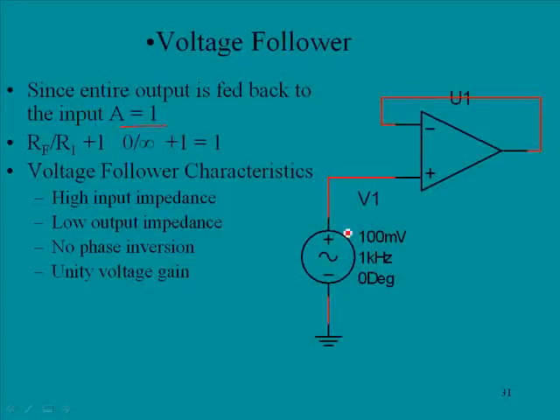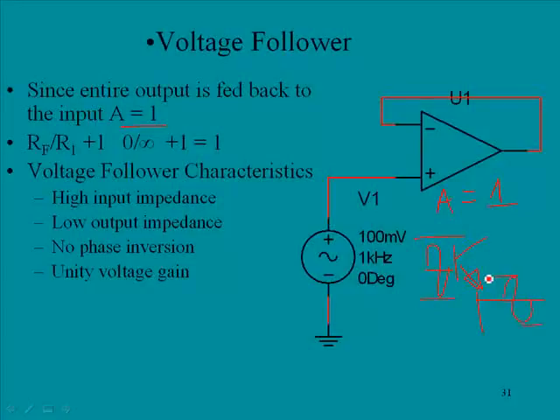And so here we have an input to the non-inverting input, and notice the entire output is fed back, so A is going to equal 1 in this case. And this is akin to what we looked at with an emitter follower. Remember, we had the emitter follower look kind of like this, and we had an output that came out right here, and the input looked just like the output, and they were basically the same size.